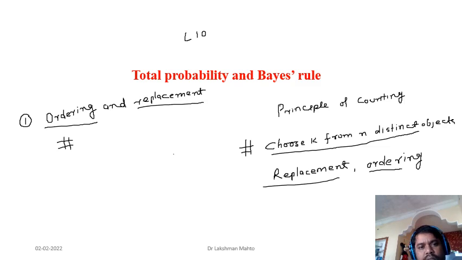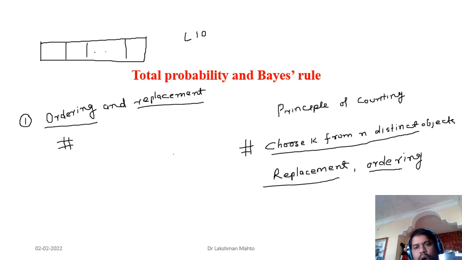So just consider this a box game. When you do this principle of counting, you try to put these k elements, that means you have k boxes. In k boxes, you try to put the elements, so that means k out of n, k taken one at a time.